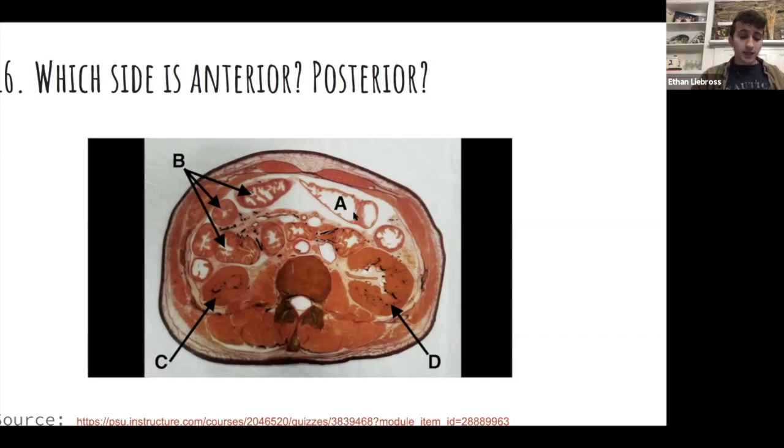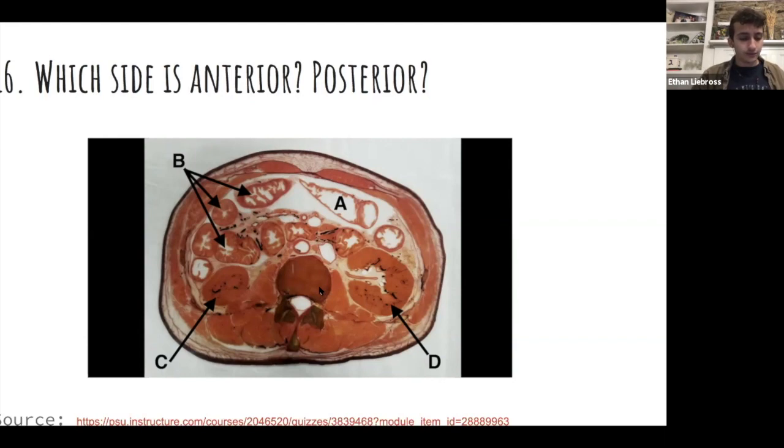So the first question asked, how do we know what structures are anterior? So remember, anterior is closer to the front of the body. So what I did here was I saw that right in the middle, but more posterior, is the spine. So that kind of helps you orient.